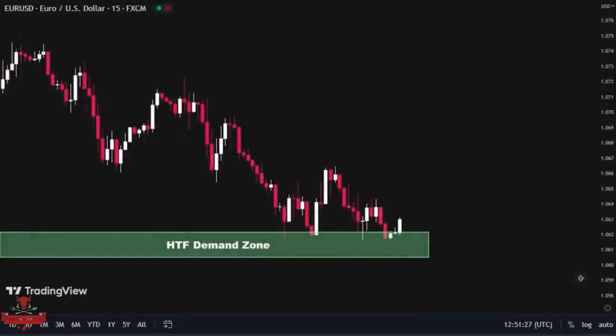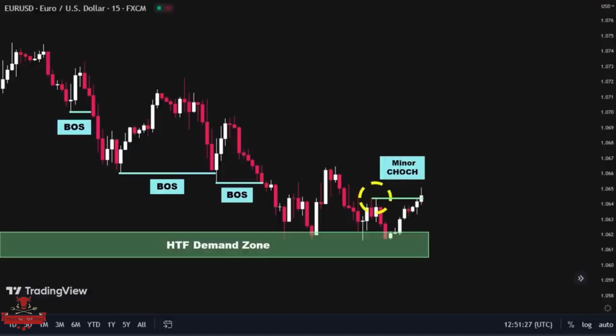So here we have a pretty strong downtrend in which price created a series of BOSs. We see right here that price has touched the higher time frame's demand zone, reacted to it, and went to the upside. In the following, price has broken out this market structure and created this minor change of character, because this lower high couldn't make a BOS to the downside. Most SMC traders consider this movement as a market structure shift.